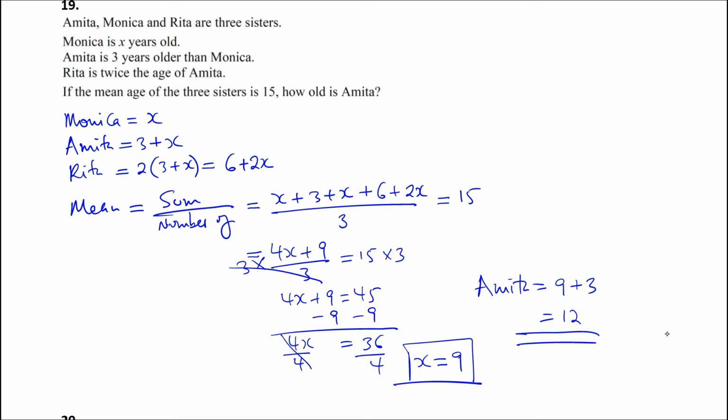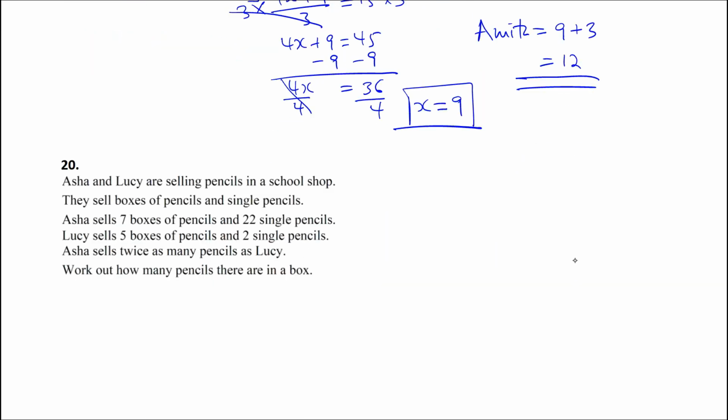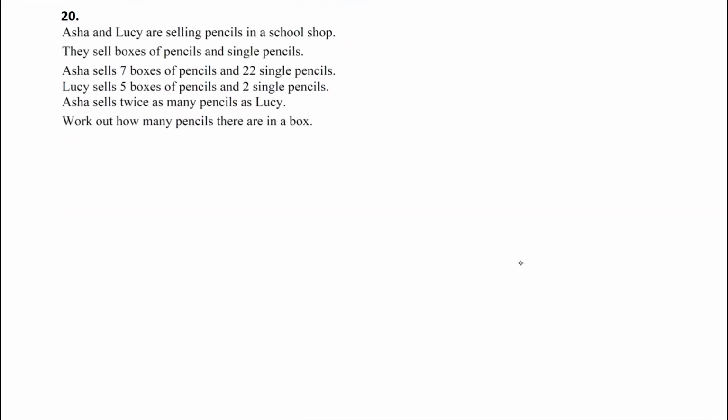All right, and then number 20. So Asha and Lucy are selling pencils in a school shop. They sell boxes of pencils and single pencils. So Asha sells 7 boxes of pencils and 22 single pencils. Lucy sells 5 boxes of pencils and 2 single pencils.